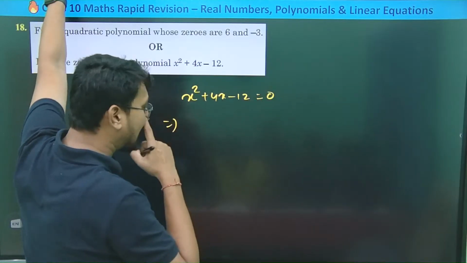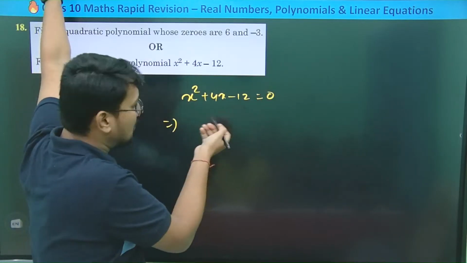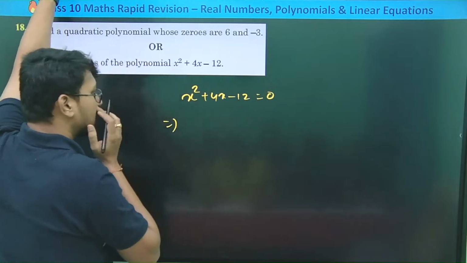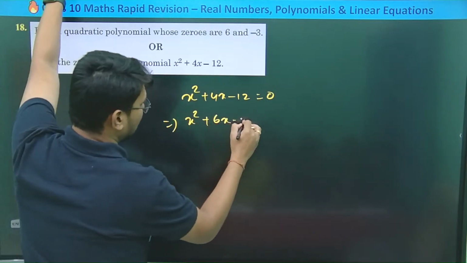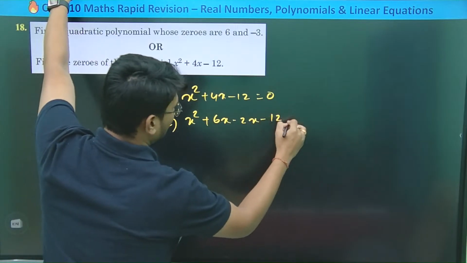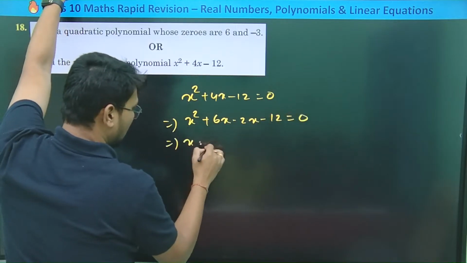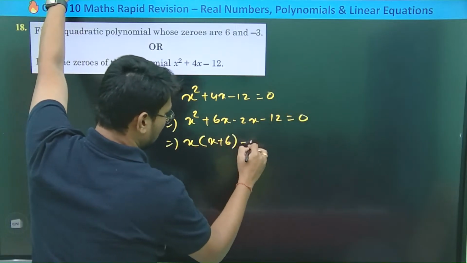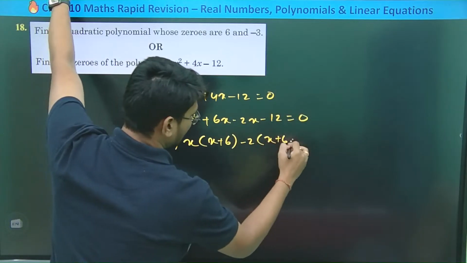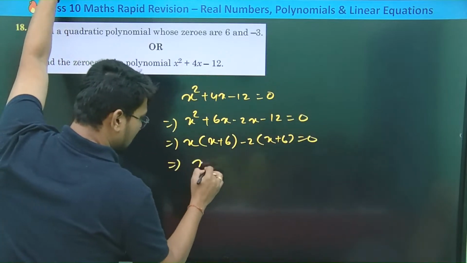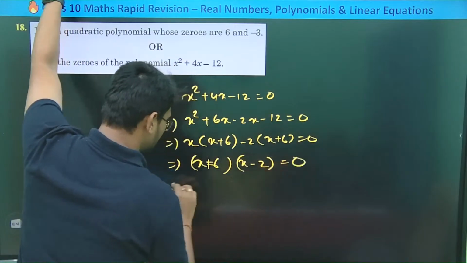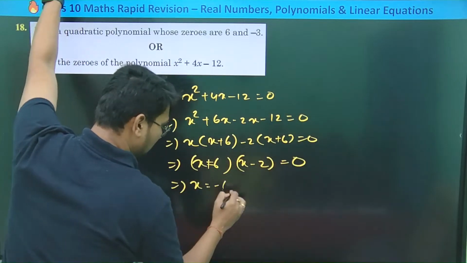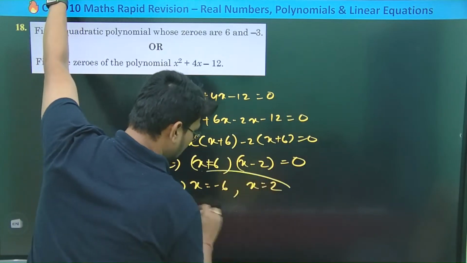Product is -12, sum is 4, so the numbers are 6 and 2. X square plus 6x minus 2x minus 12 equals to 0. X is common, 2 is common. X plus 6 into x minus 2 equals to 0. So x equals to -6, x equals to 2.